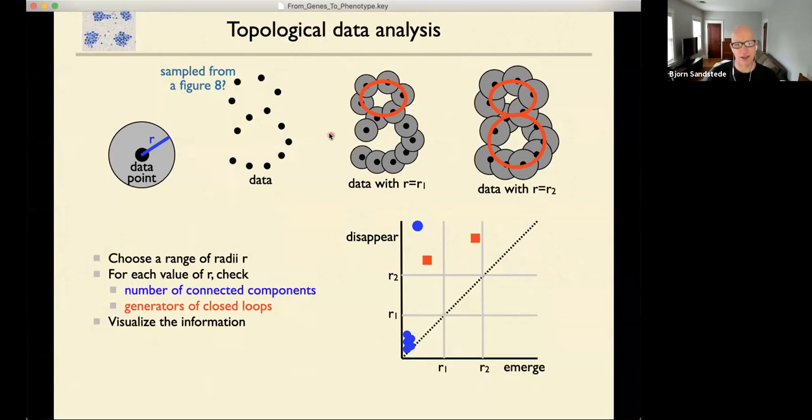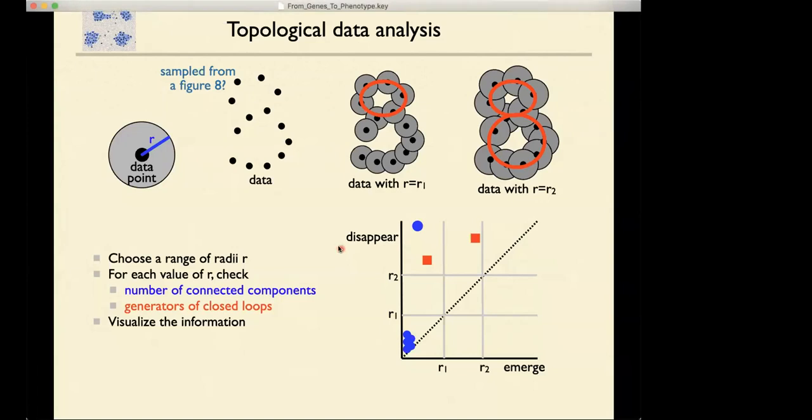There's Python code behind this, Ripser, developed by different groups, that allows you to take these data points, choose a radius, and then compute the homology groups. That gives you exactly that information about how many loops you have, how many connected components you have, and this generalizes to arbitrary dimensions. Okay, thank you. I did not talk about that.